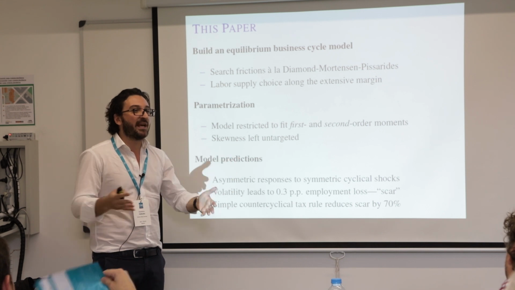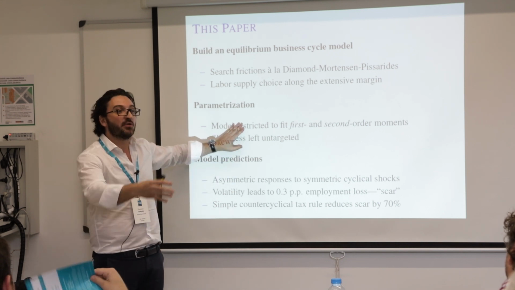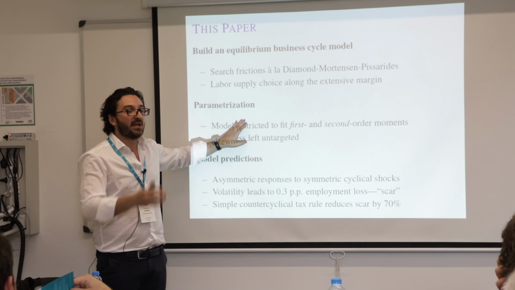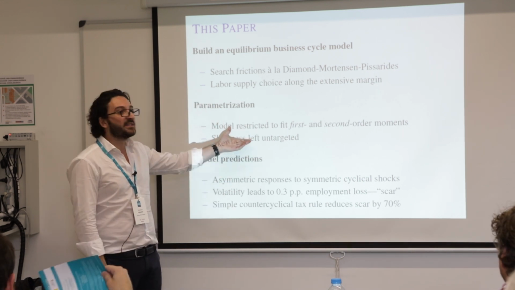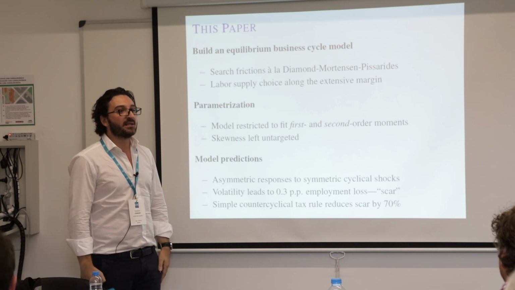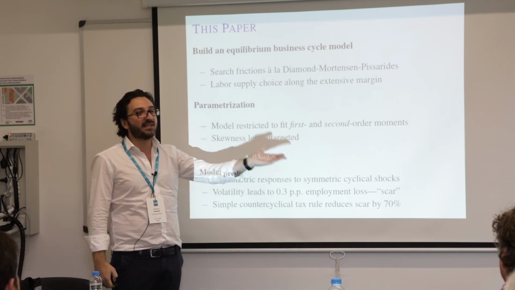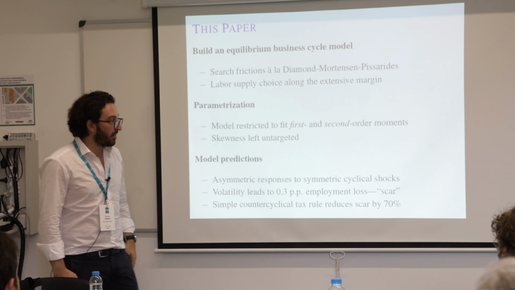It's once you take a stand that the model has to match the co-movement and the volatility of some transition rates that you restrict the model so that it delivers the asymmetry in the unemployment rate and the lack of it in the participation rate.